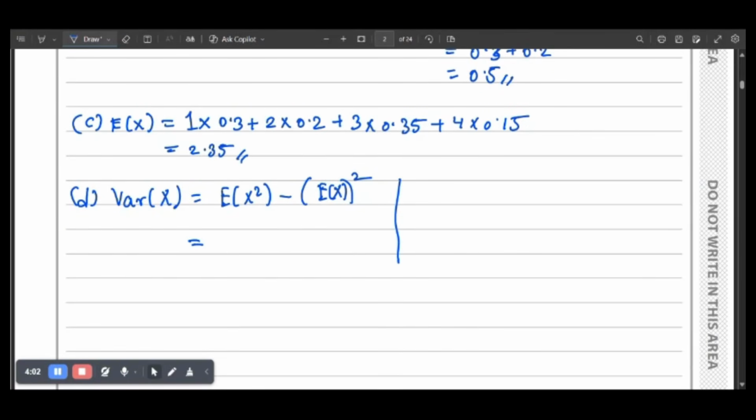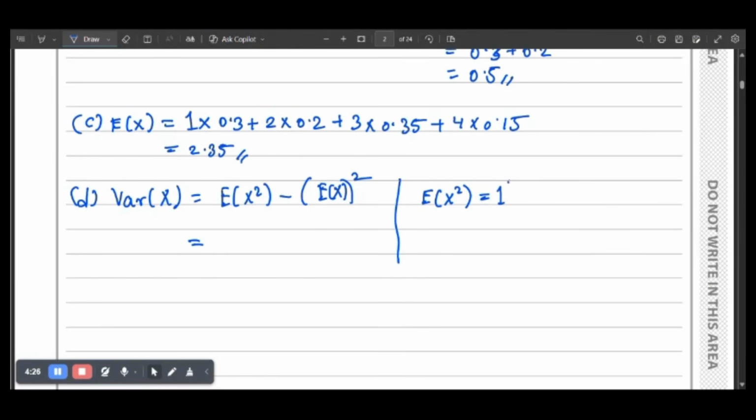We only have to find the value of E(X squared). To find the value of E(X squared), we just repeat the same process as we did with E(X), but in this case the data values will be squared.